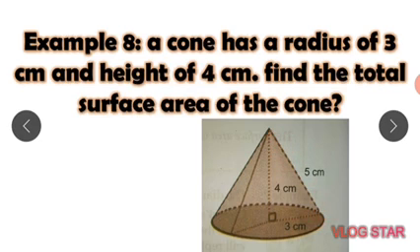The square of the longest side is equal to the sum of the squares of the two shorter sides. So let's solve this one.